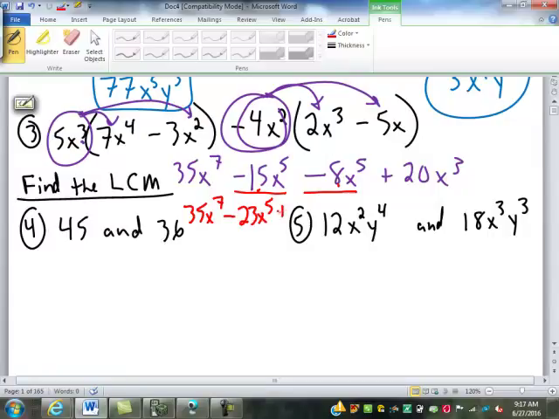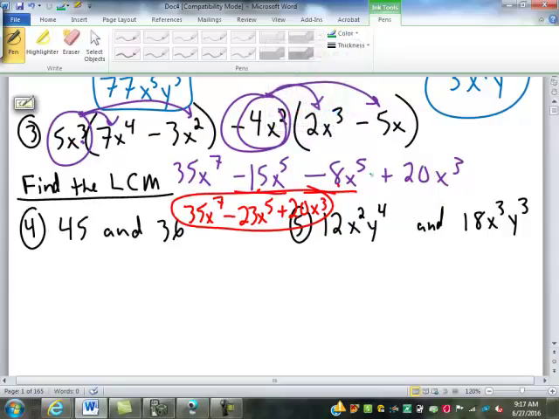And then we still have the 20x to the third. I apologize for the sloppiness there. I ran out of room. Any questions on that one? Anybody get that? A couple of you? Getting close? Okay.